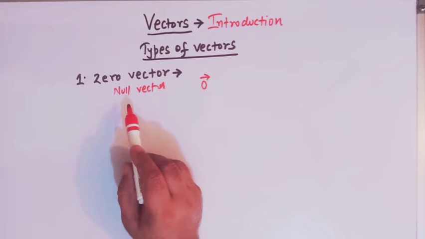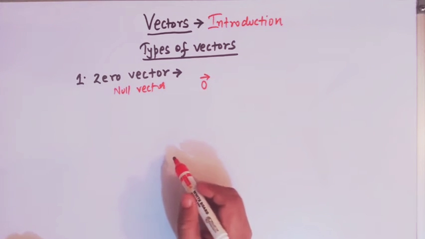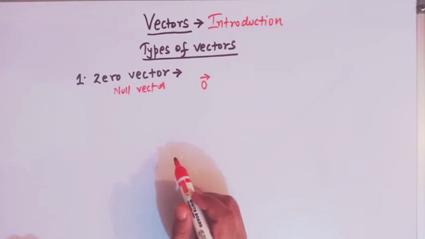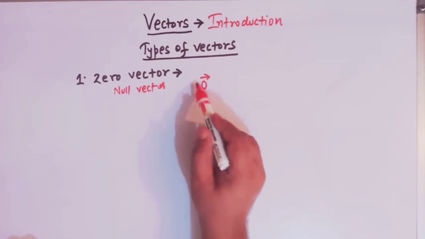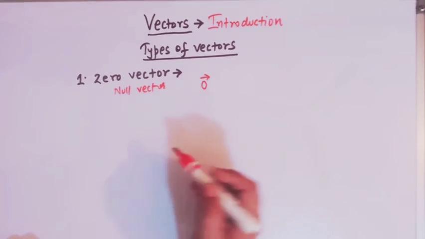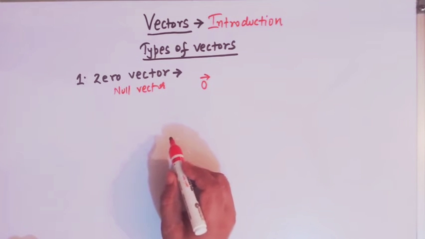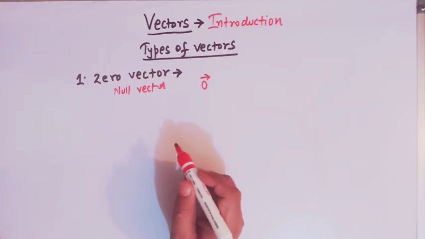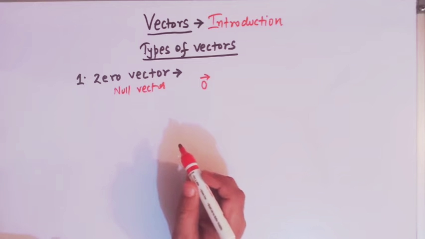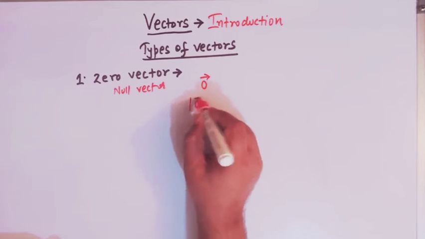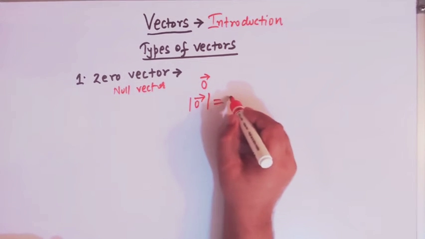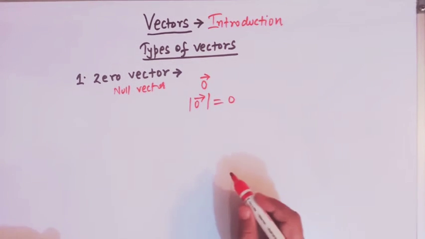A vector whose initial and terminal points coincide is called a zero vector, or sometimes the null vector, right? And it is denoted as 0 with an arrow over it. The zero vector cannot be assigned a definite direction because its magnitude is 0, right? So the magnitude of the zero vector is 0.